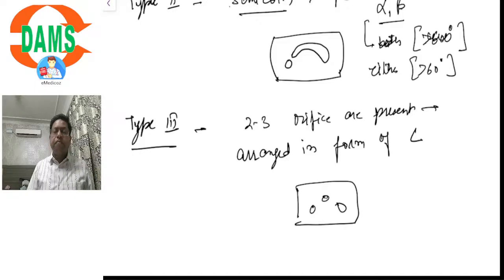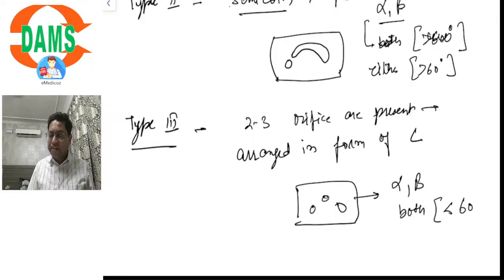And for type 3 C-shaped root canals, both the angles alpha and beta are less than 60 degrees. Just remember this additional thing, alpha and beta. But what is the principal basis for classification? Depending upon the shape of the orifice, it is semicolon shape for type 2, and 2 or 3 separate orifices are present arranged in the form of C.